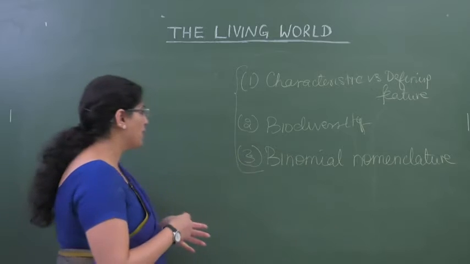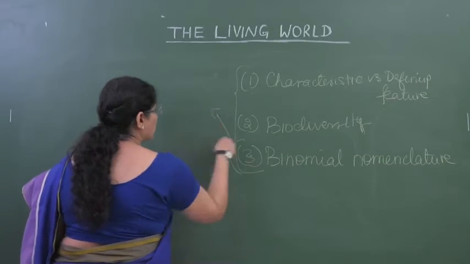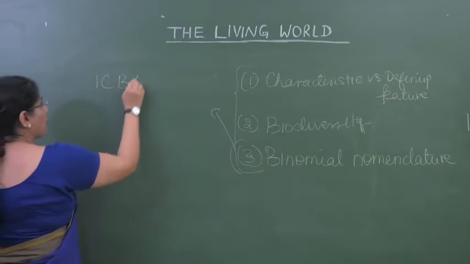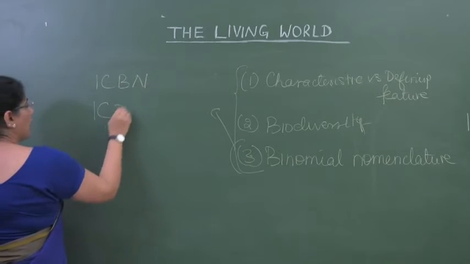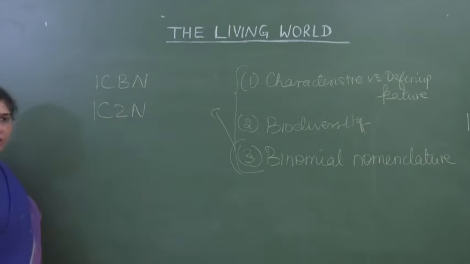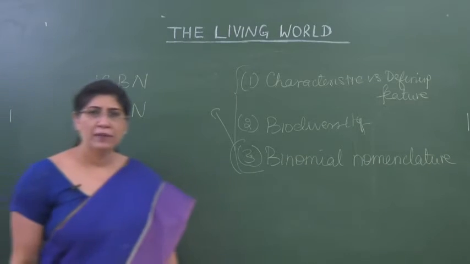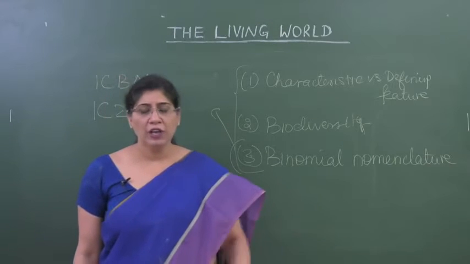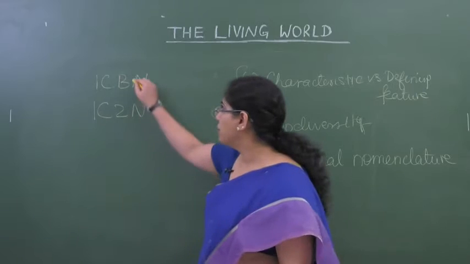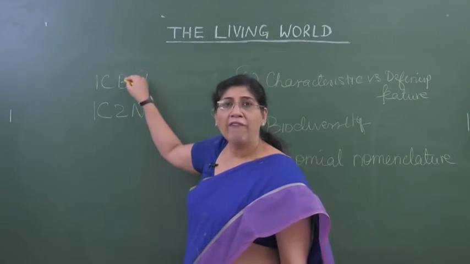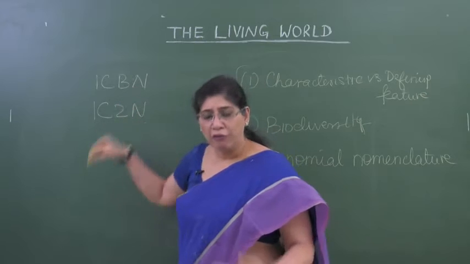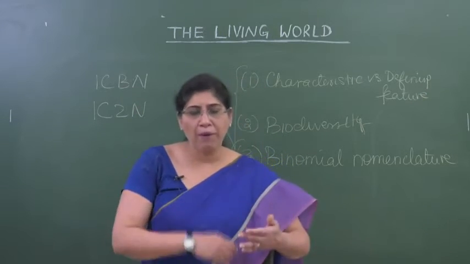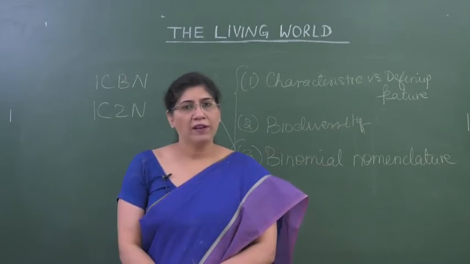There are agencies for this, like International Code for Botanical Nomenclature, International Code for Zoological Nomenclature. These are two main agencies. Then you can have bacterial, virological, all these nomenclatures. So IUCN will forward them to these agencies. They will look into this, follow the convention, and then accept a name. So it's a proper scientific method, right?